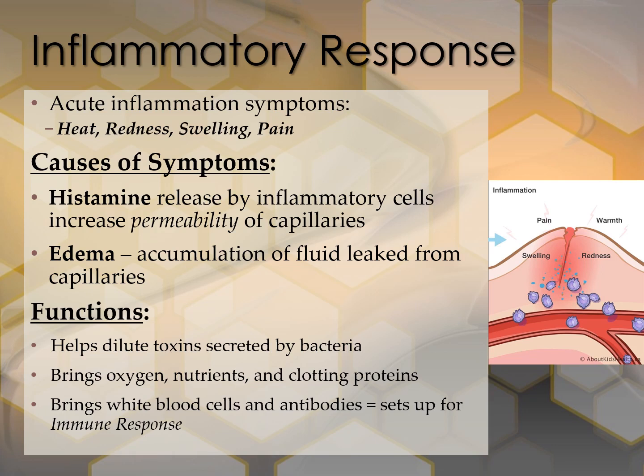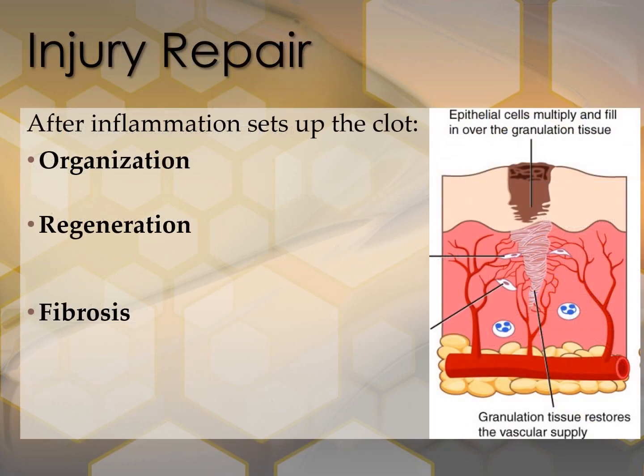But also, because it's leaking out some of the contents from the blood, it's going to bring oxygen, nutrients, clotting proteins, clotting factors, and platelets to the area of damage. It also brings in white blood cells and antibodies, and that is how we set up for the immune response. So then that white blood cell is able to say, hey, it's this type of bacteria. Let's kill that bacteria.